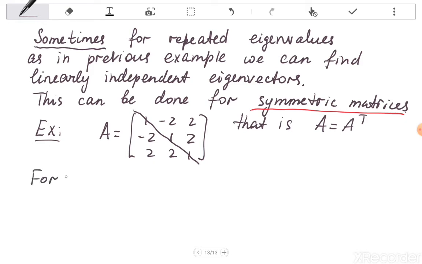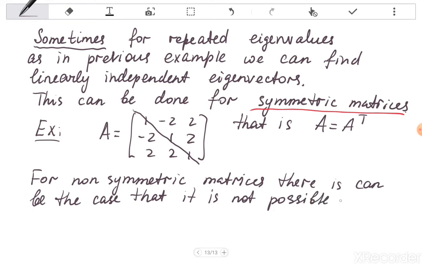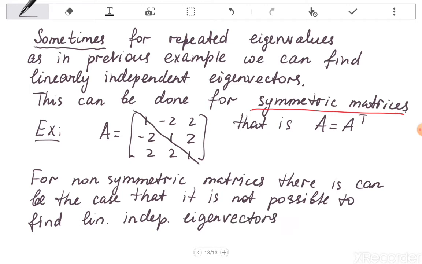So for non-symmetric matrices, there can be the case that it is not possible to find linearly independent eigenvectors for repeated eigenvalues.